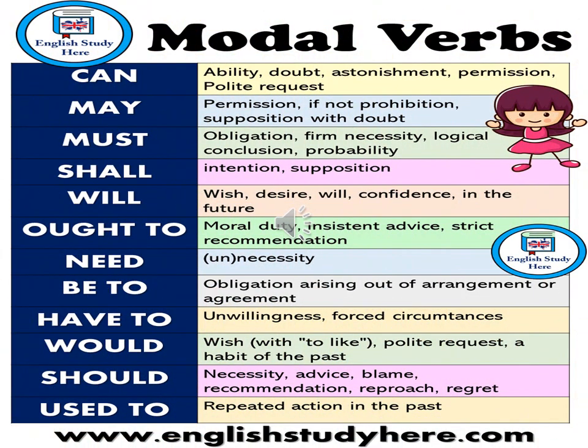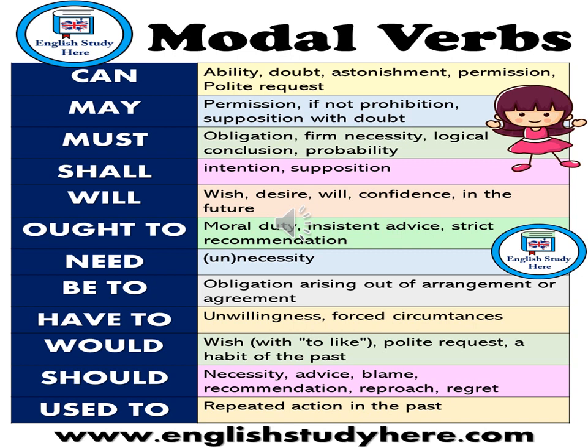Modal verbs express a range of meanings like possibility, necessity, obligation, permission, ability, etc. In this table, you can see the various modals expressing different moods. For example, can is used to express ability, permission, and to make a polite request.